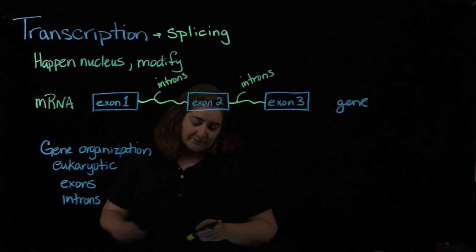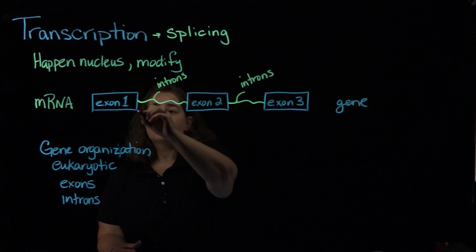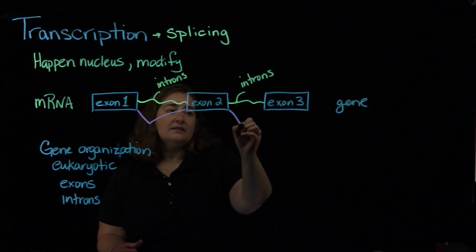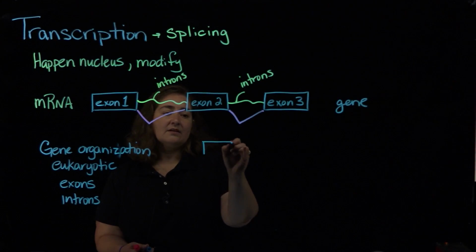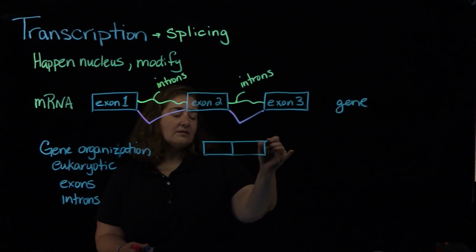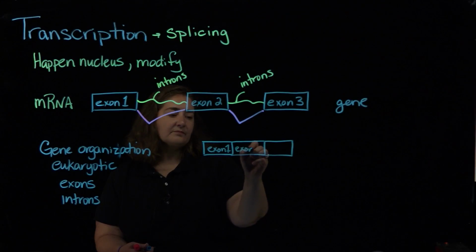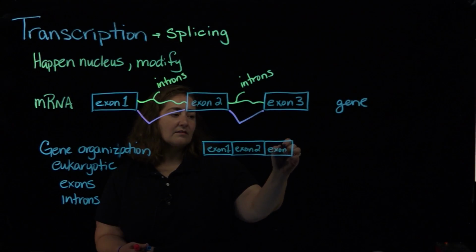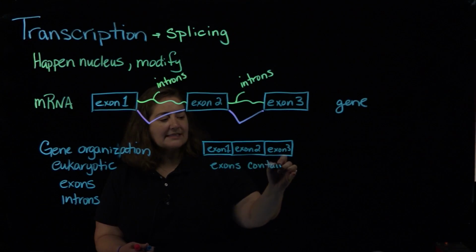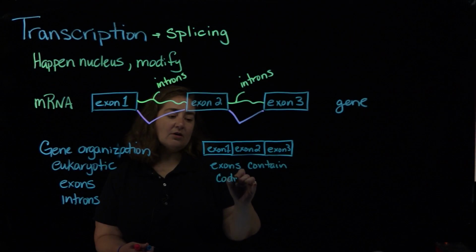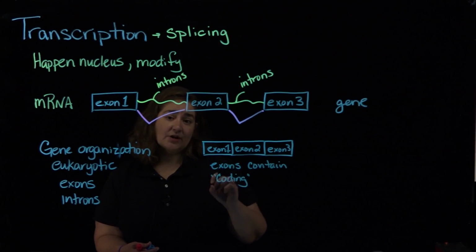And what's going to happen with the process of splicing is you're going to take the exons, nice and squeaky, and you are going to splice them together. Because the exons are going to contain what we call the coding information, and we'll talk more about coding when we talk about translation.